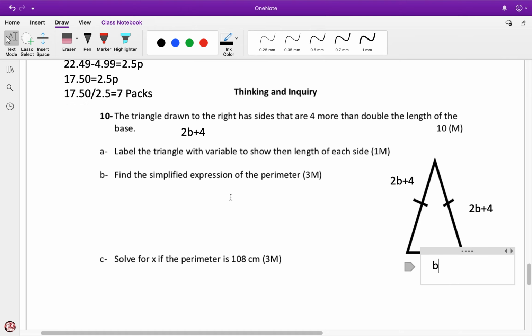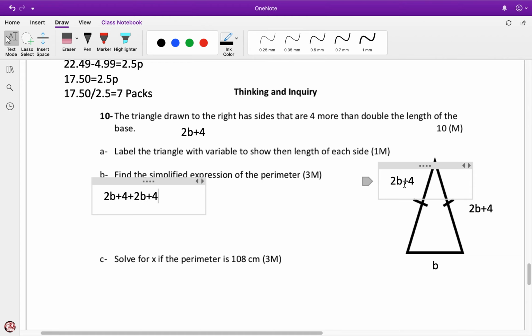Then it asked me to write the simplified expression for the perimeter. Okay, so perimeter is just adding up the outside of my shape. So realistically, it's going to be this plus, that's one side. I'm going to add that in again, plus the base. So I went 2b plus 4 plus 2b plus 4 plus b.